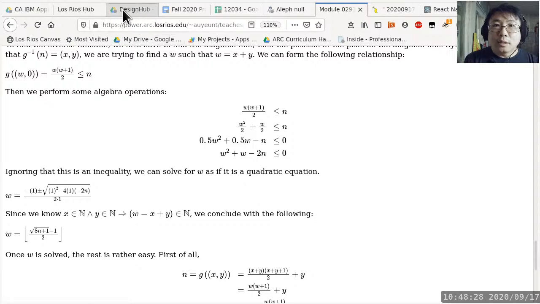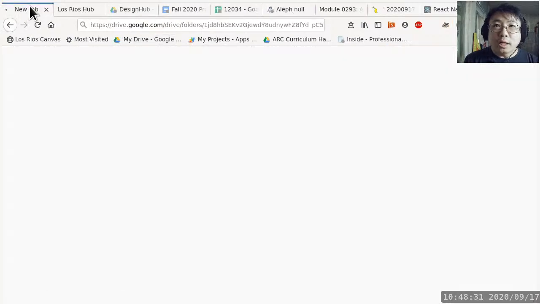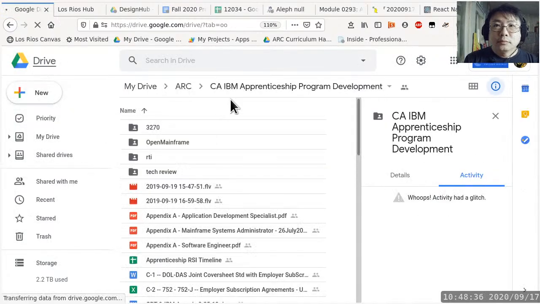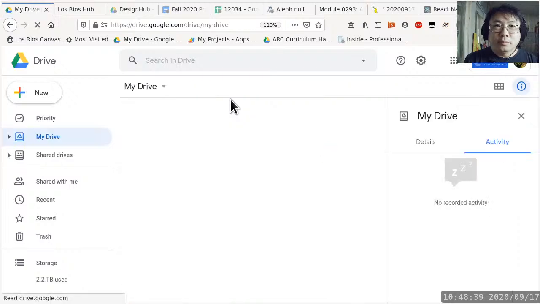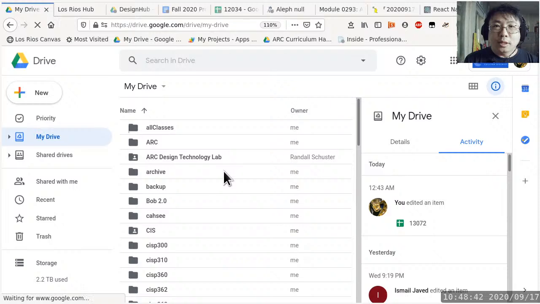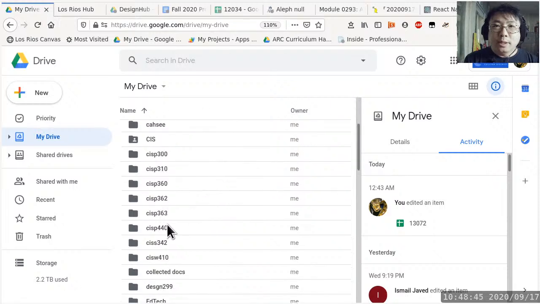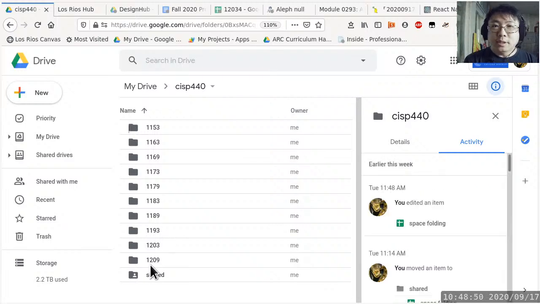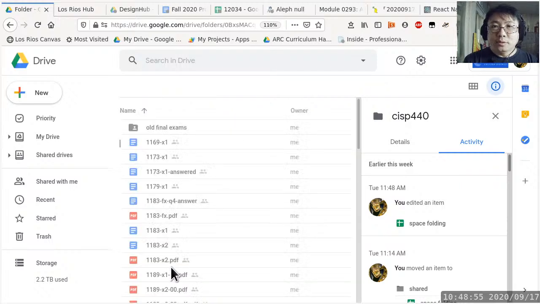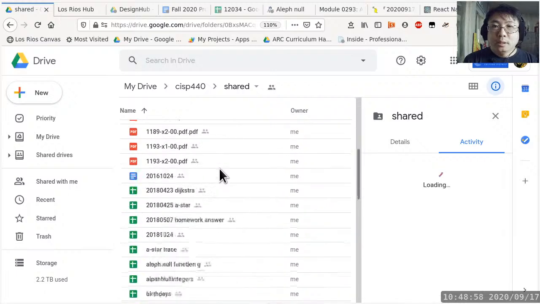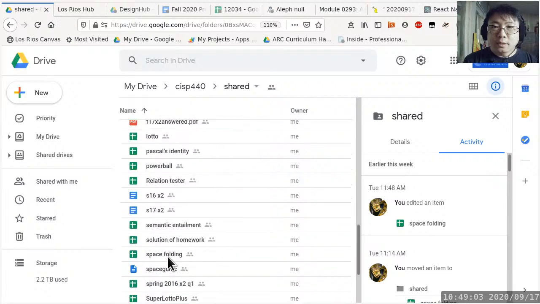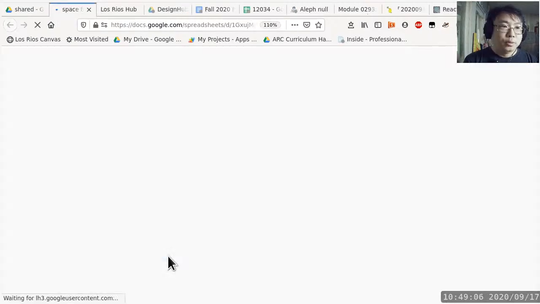So let me find it from the Google Drive. I keep forgetting that sometimes I use Google Sheets and sometimes I use LibreOffice. It all depends on what I'm trying to do. Sometimes LibreOffice is just a whole lot faster, and other times Google Sheets gives me a lot more flexibility. So it's good in that way. I think I called it space fold, yeah, space folding. There we go.